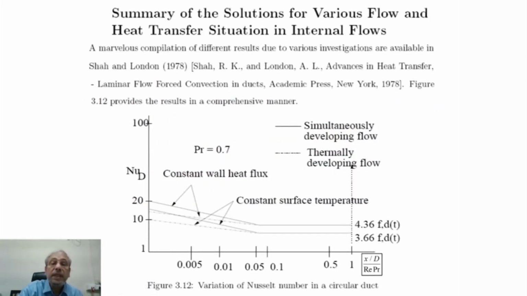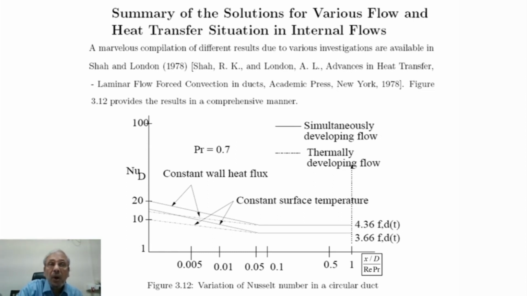Now this uniform wall heat flux condition and uniform wall temperature condition can be applied to hydrodynamically fully developed and thermally fully developed flow, hydrodynamically developing and thermally developing flow.